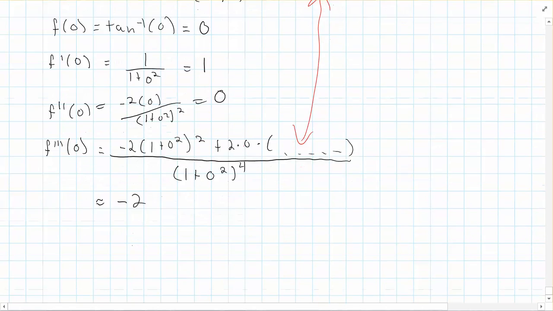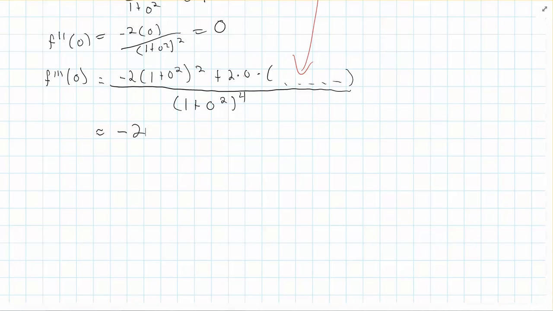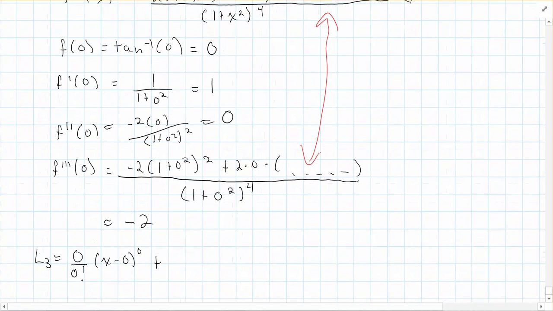Alright, so my cubic approximation then would be 0 divided by 0 factorial, x minus 0 to the 0 power, plus, well, what was it for the first derivative? It was 1, right?